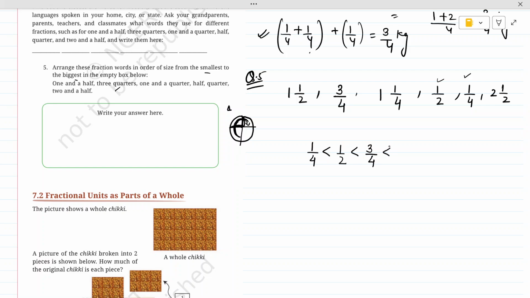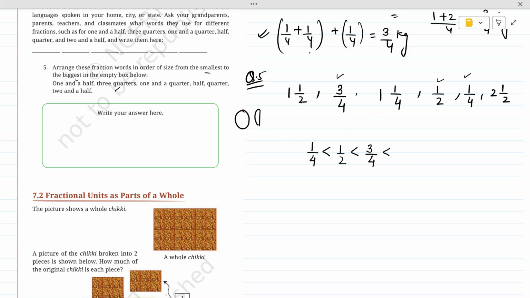After 3 by 4, what is left? We have 1 and a half, 1 and 1 by 4 and 2 and a half. So, first of all, let us compare the ones. 1 and 1 by 2, and 1 and 1 by 4. When we say 1 and 1 by 2, this will be this one and this half.